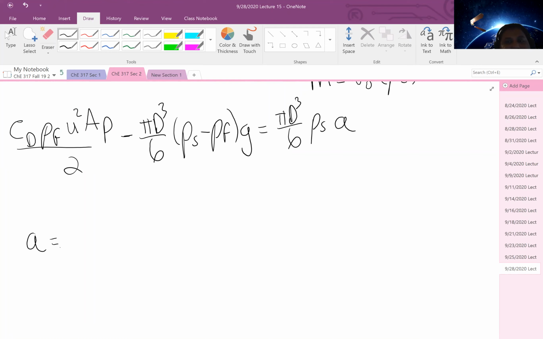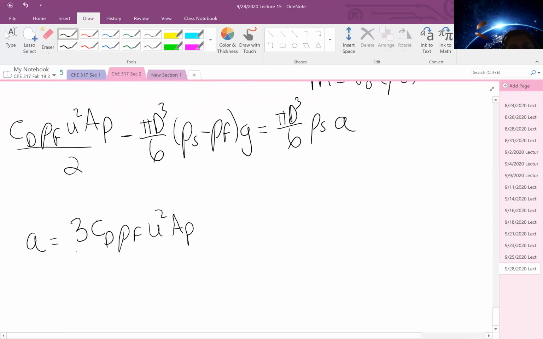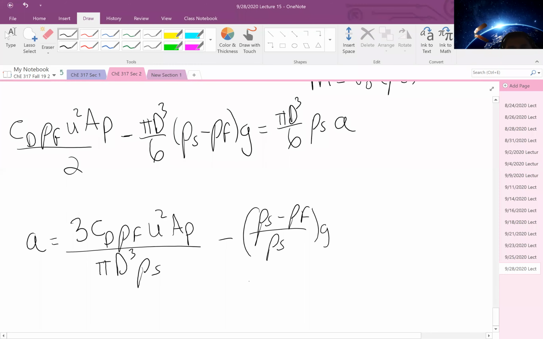I'm left with kind of a hairy expression, which says 3 C_D rho_f U squared A_P over pi d cubed rho_s, minus (rho_s minus rho_f) over rho_s times g equals a.